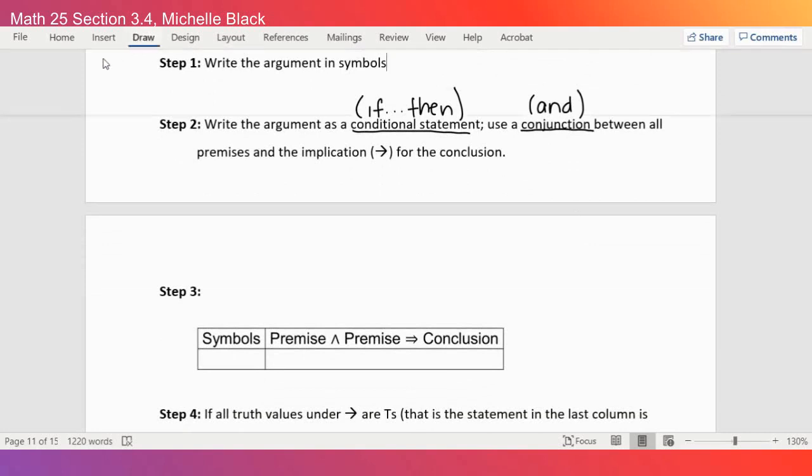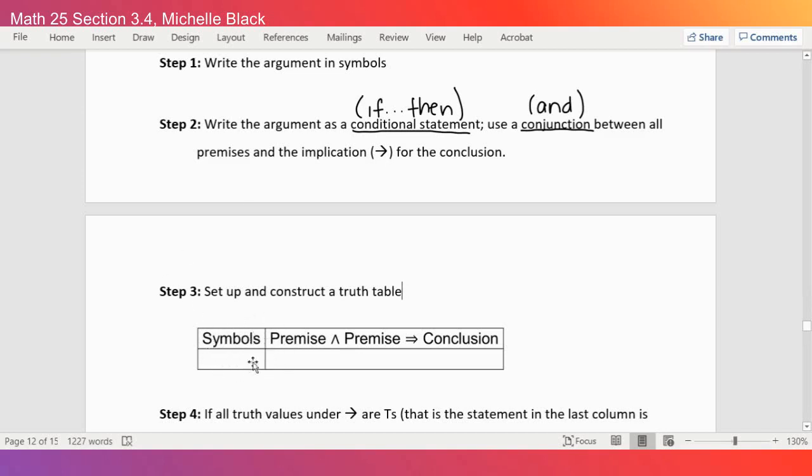Now our third step is to set up and construct a truth table. Underneath we have the basic setup of a truth table here. We have symbols.